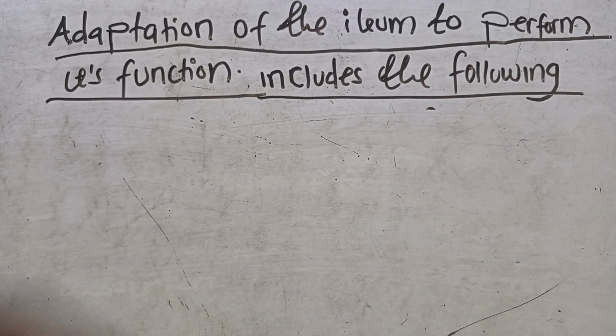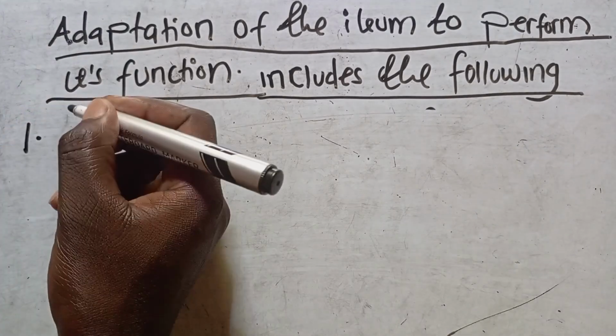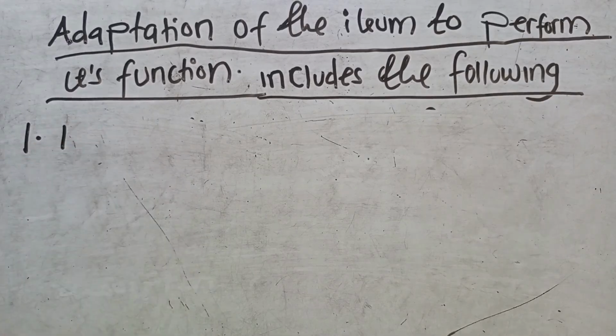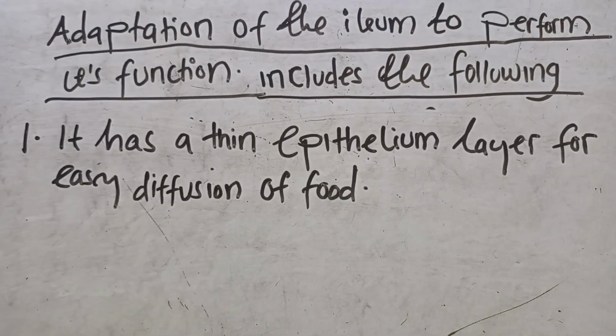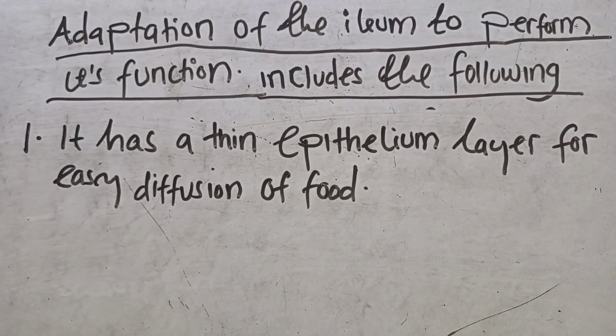So the ileum has a thin epithelium layer for what? Easy diffusion of food. This epithelium is part of the structure of the villi, and the villi is found inside the ileum.